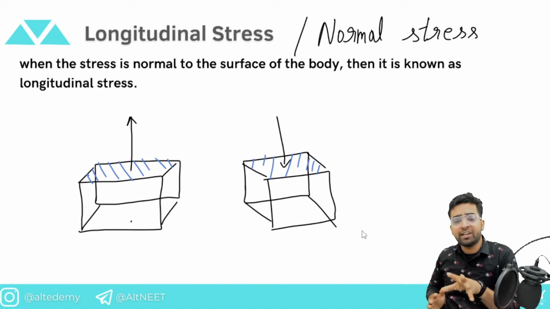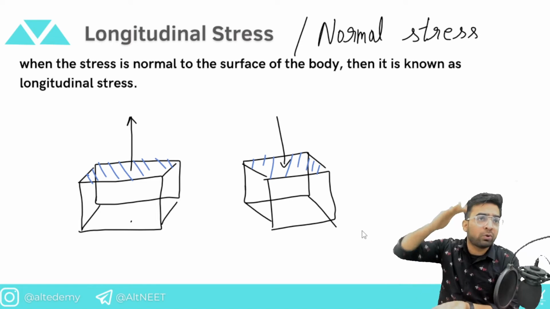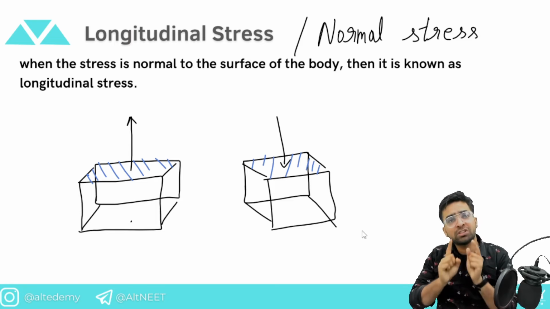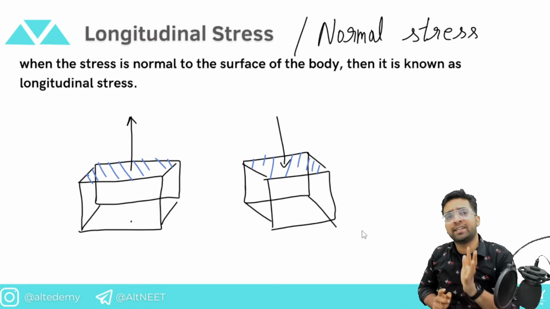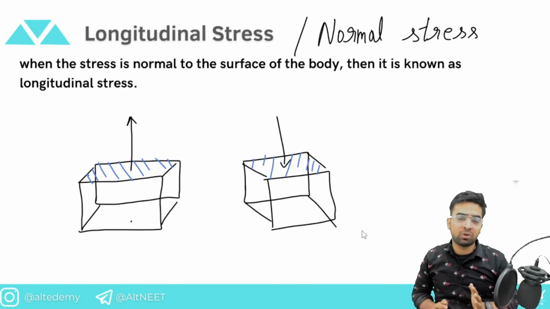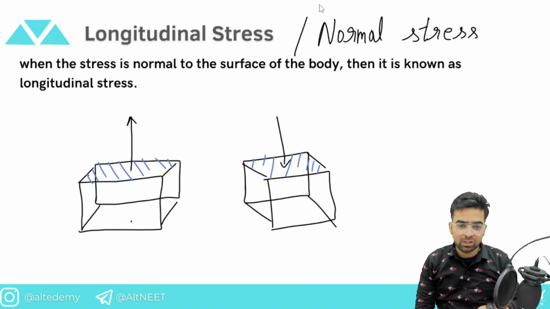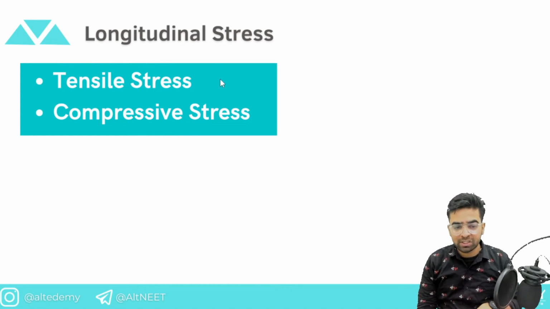Normal means perpendicular to the surface. This force is always perpendicular to the surface. Longitudinal stress, or you can say normal stress. So it can be of two types, tensile and compressive.